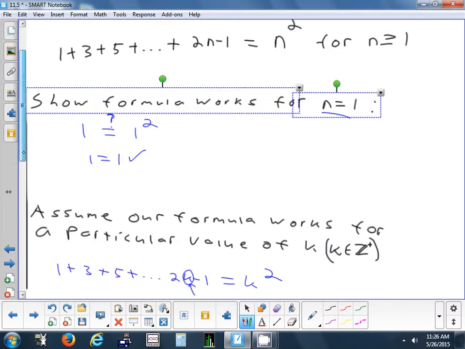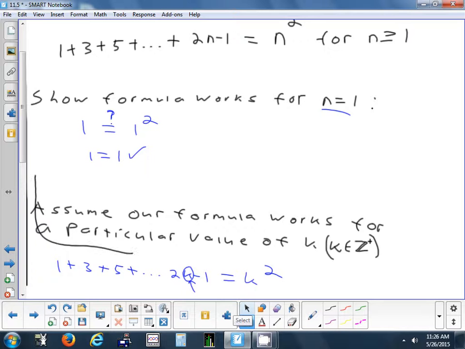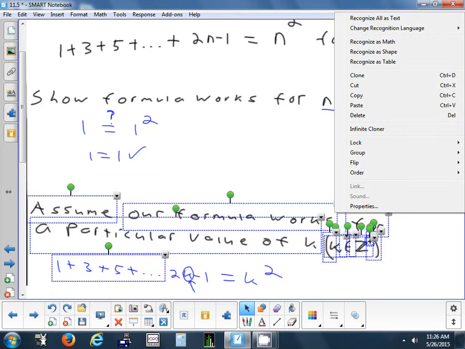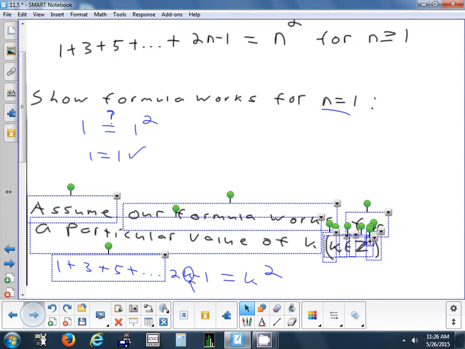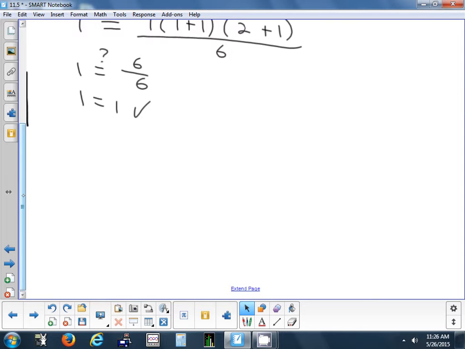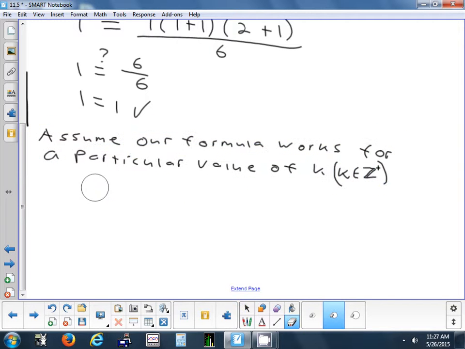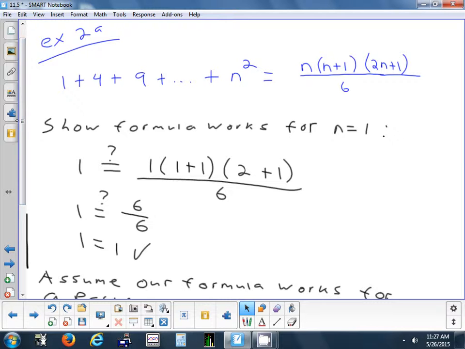So let me just copy that. Okay, so assume that our formula works for any particular value up to k. Can't assume that our formula works all the way up to n.